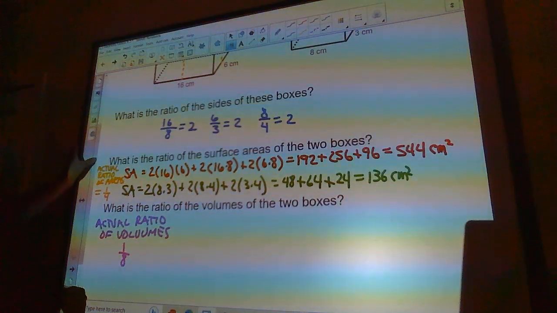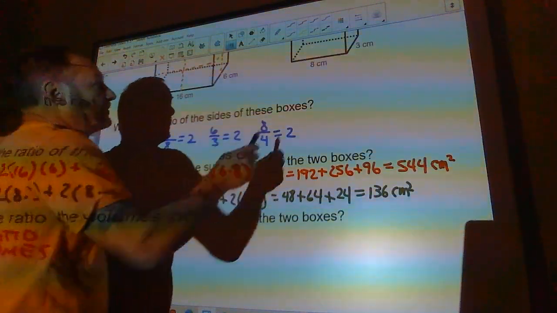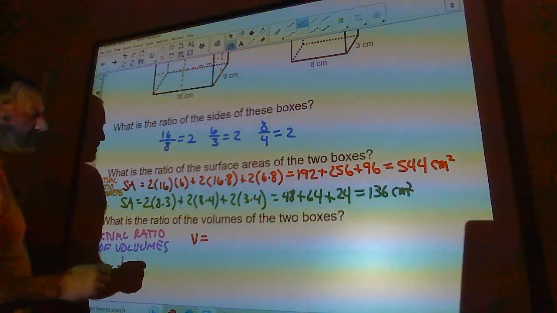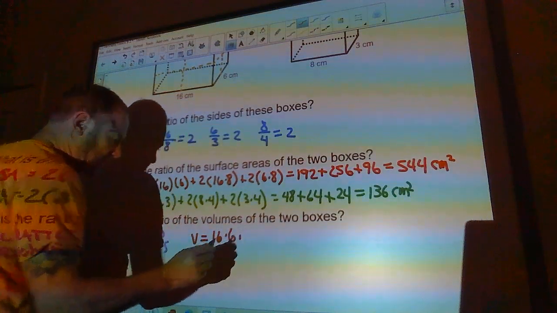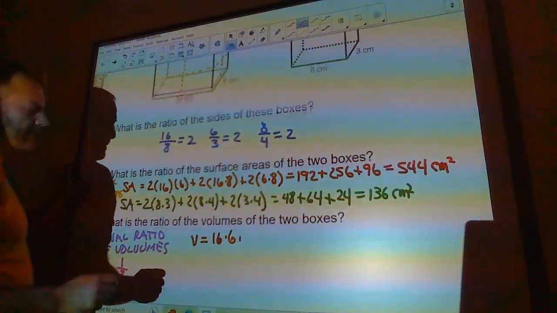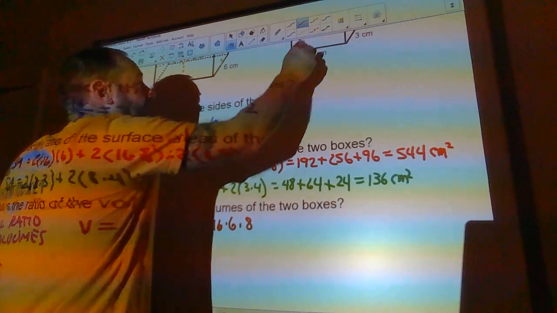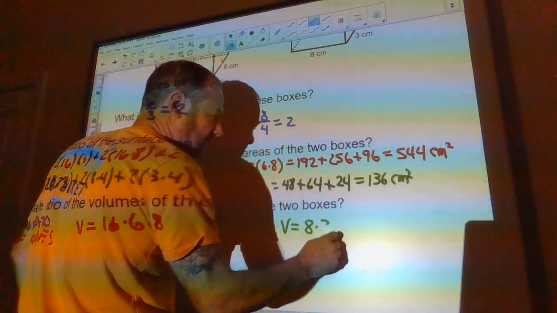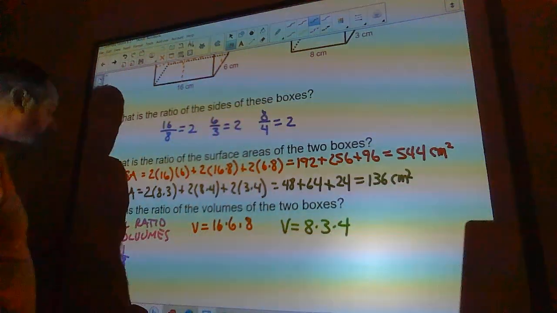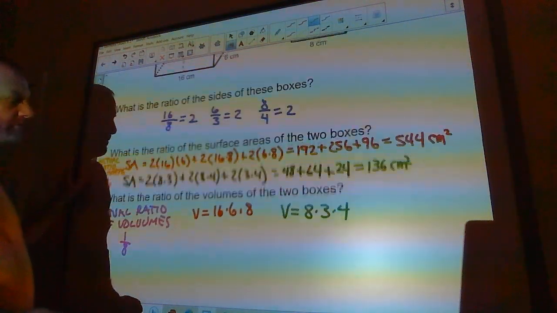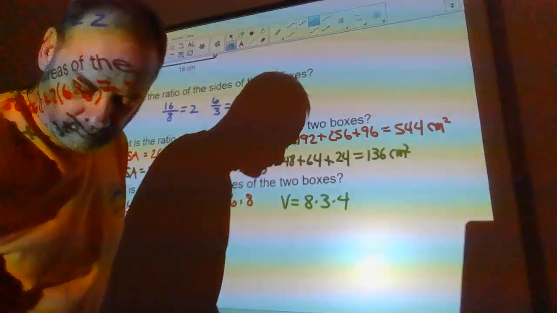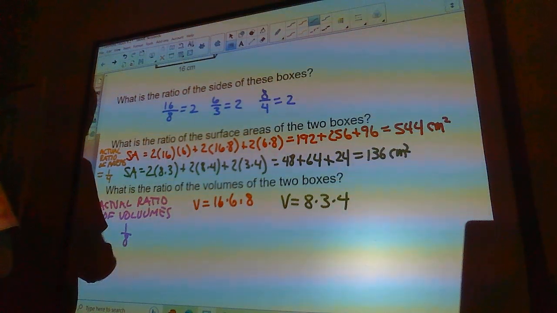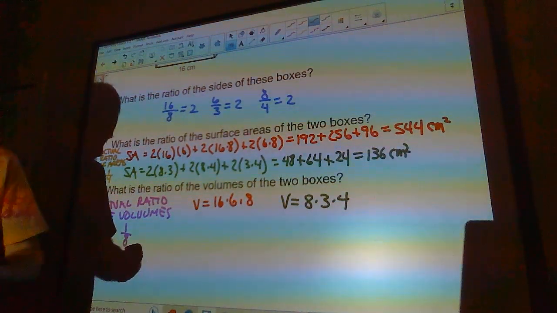Okay, so let's calculate that just to show it. The volume of the smaller box is going to be 8 times 3 times 4.